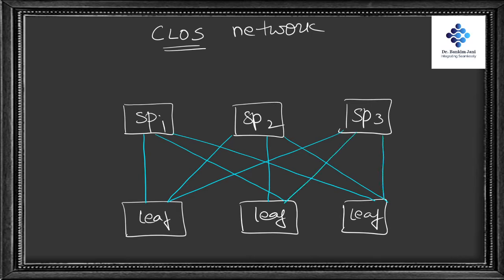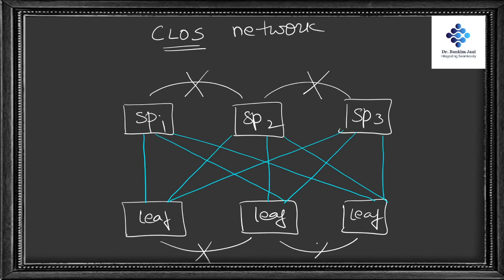So this is rule number 1. Every spine switch should be talking to every leaf switch. So obviously every leaf switch should be talking to every spine switch. That is also true. But these spines should not be able to talk to each other. Similarly, those leaves should not be able to talk to each other.